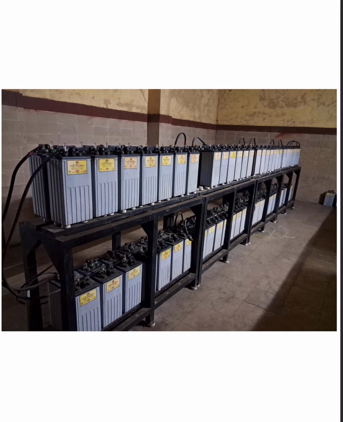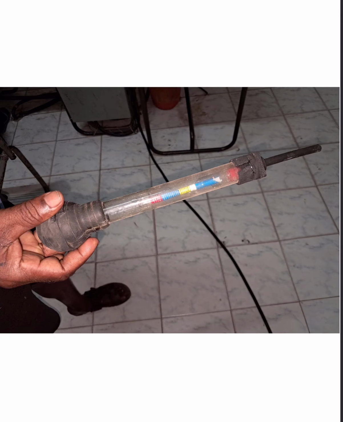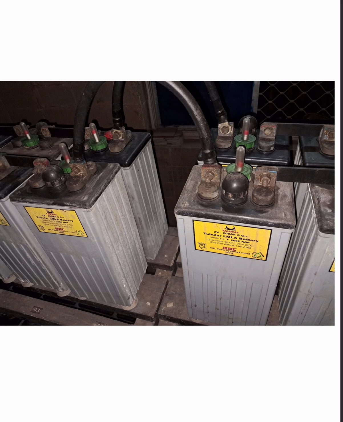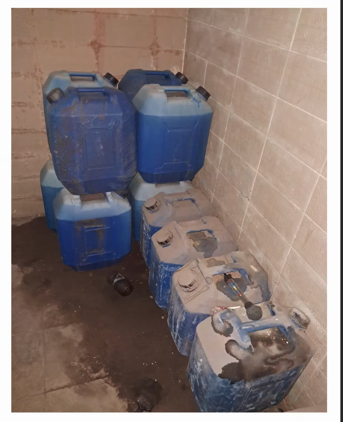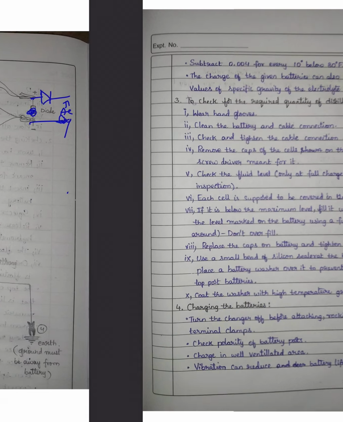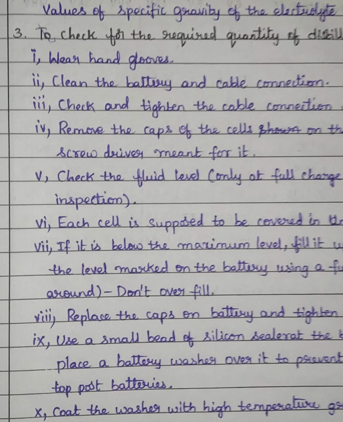This upcoming cap. This cap. Remove the cap. Step by step procedure he explained in this.